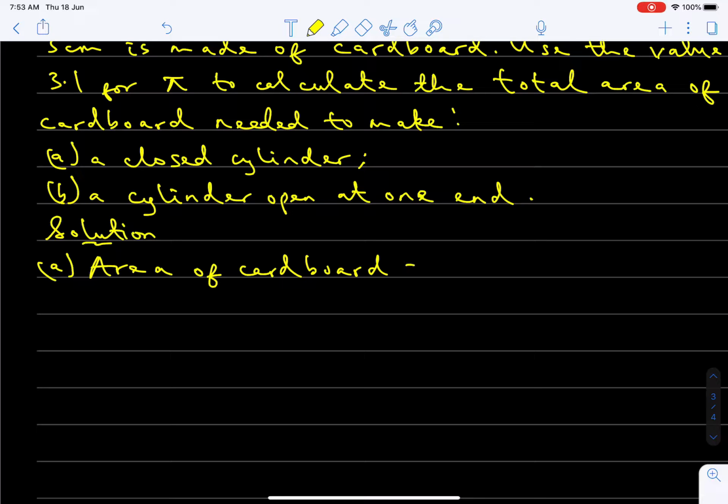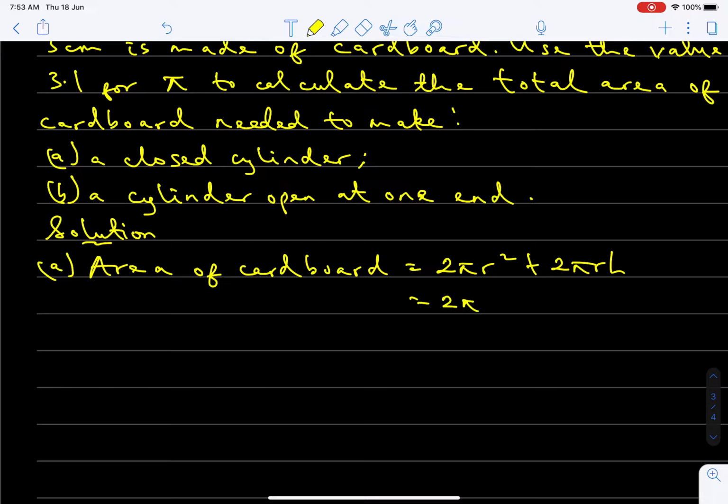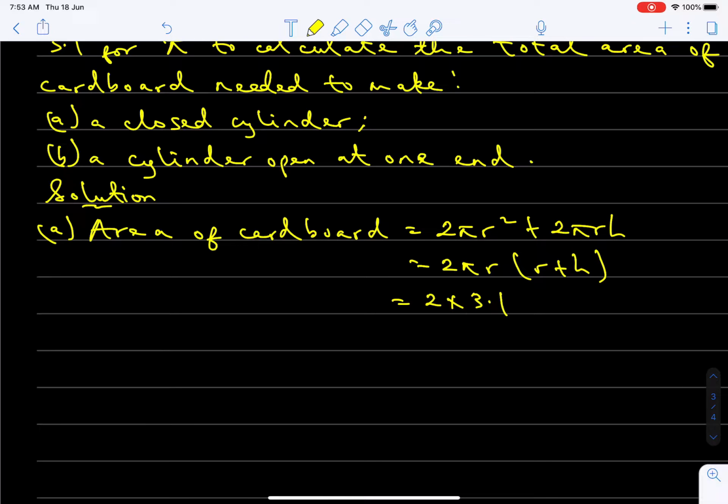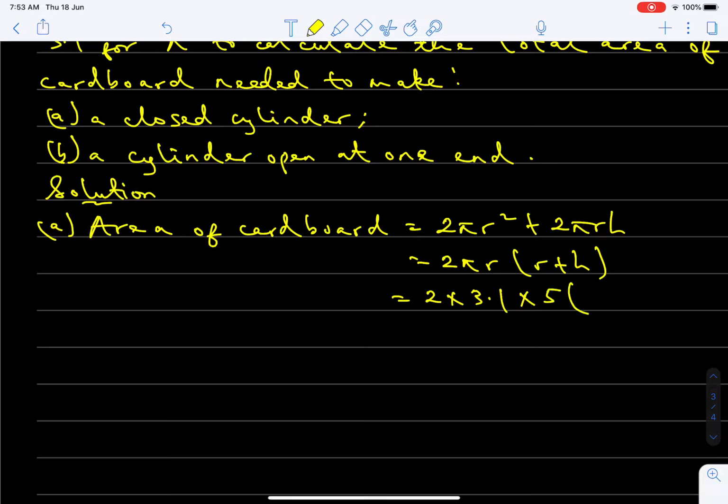Area of cardboard equals 2 pi r squared plus, of course, 2 pi r h, which is the same as 2 pi r into r plus h. And that means 2 times, without forgetting that pi in this case is not 22 over 7 but 3.1. 2 pi r, that's 2 times 3.1 times 5 into bracket 5 plus 12.